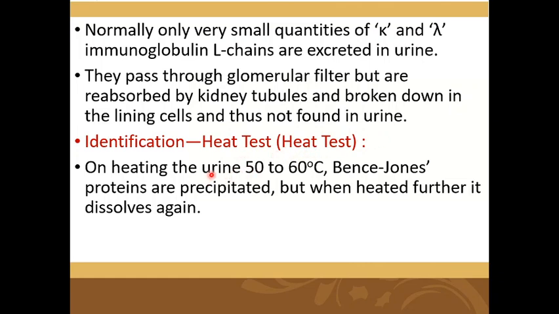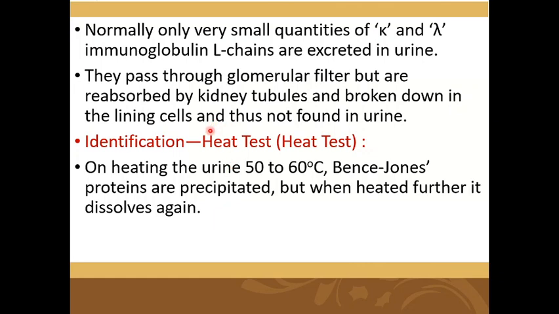On heating the urine to 50 to 60 degrees centigrade, Bence Jones protein is precipitated just like albumin. But when heated further, it dissolves again. Albumins do not dissolve on heating further, but Bence Jones protein dissolves when heated further.